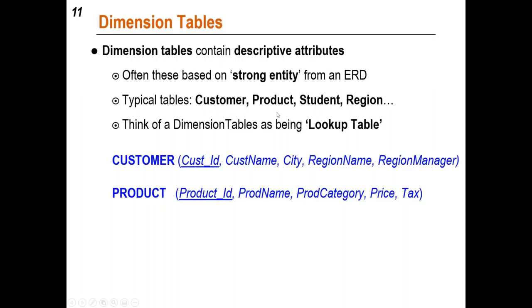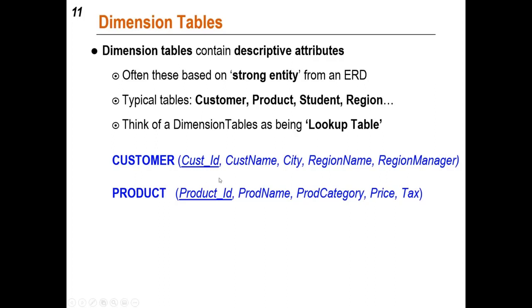For example, customers, products, students, and the region they are coming from, etc. Sometimes we call a dimension table a lookup table. So we can use these different dimension lookups to slice the facts in different ways, right? That is the main idea.